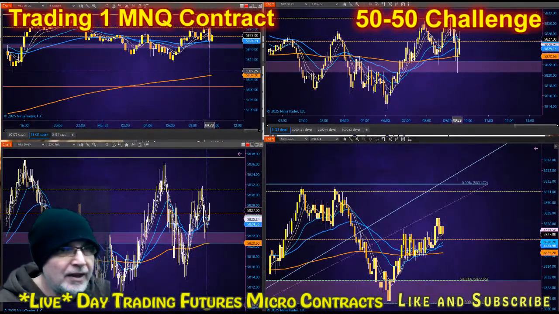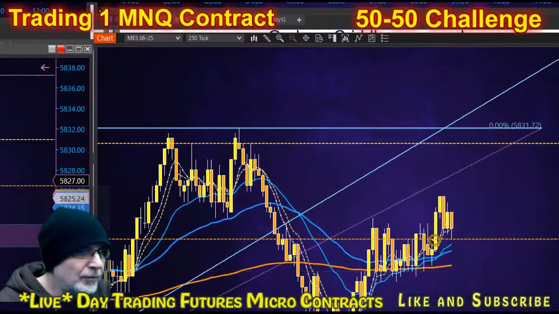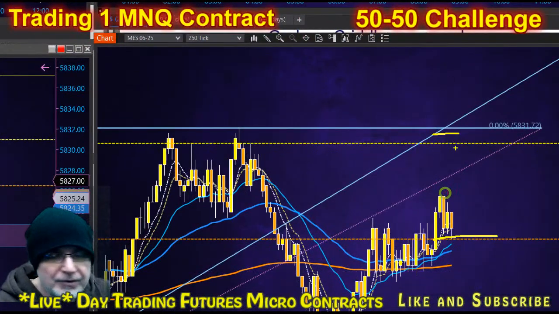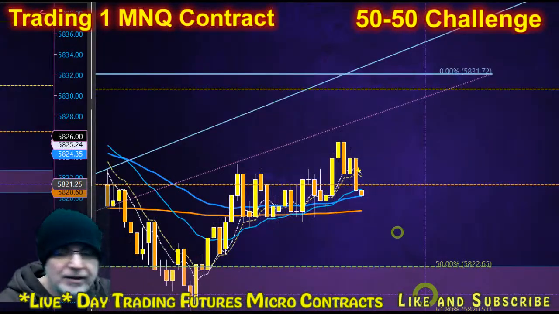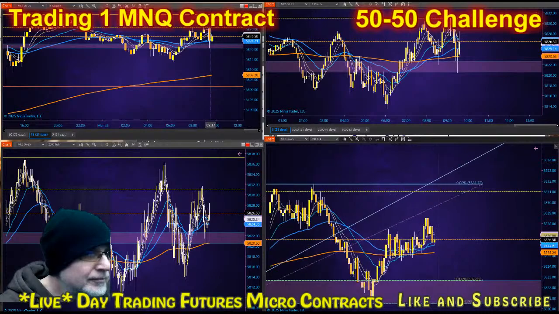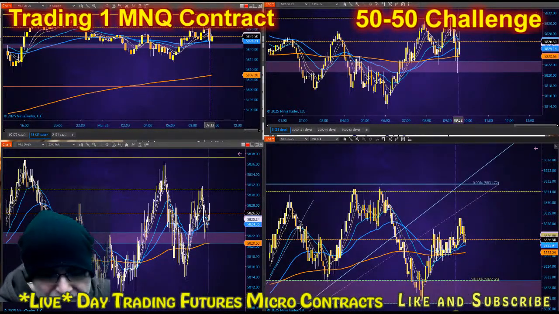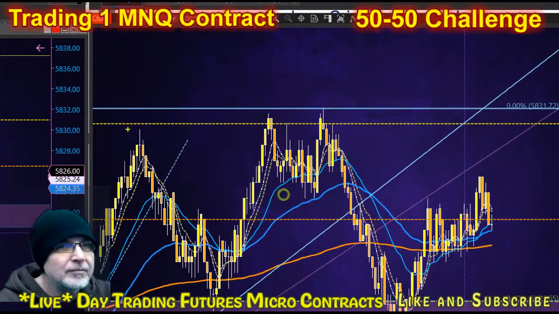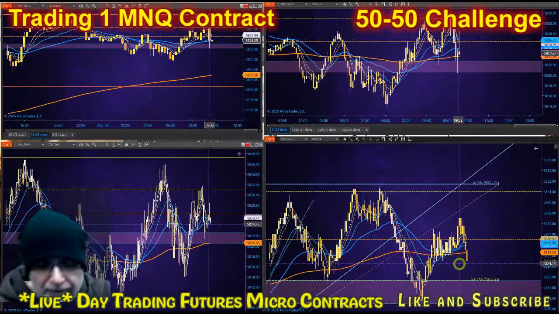It's still a red day. I think if it can stay above this, it's probably going to go back up here for sure. Well, see, it's just coming right back down. Technically, this looks like a megaphone pattern.